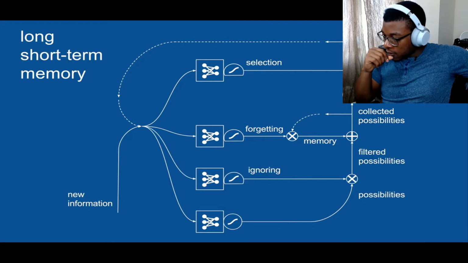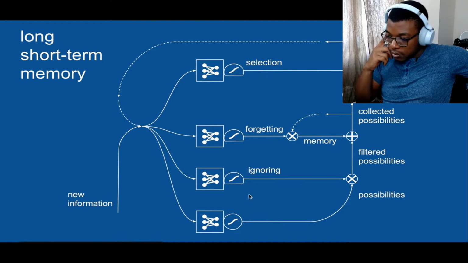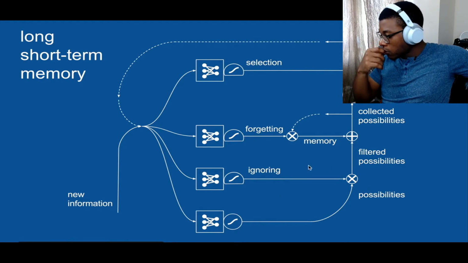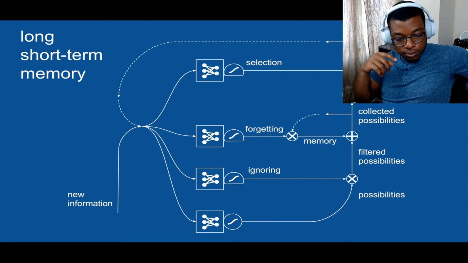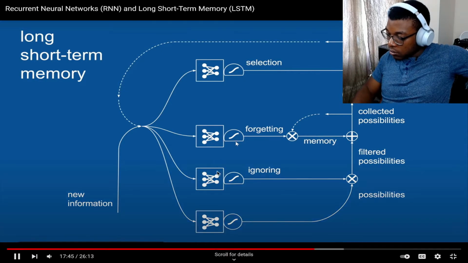And the only other piece we need to add to complete our picture here is yet another set of gates. This lets us actually ignore possibilities as they come in. This is an attention mechanism. It lets things that aren't immediately relevant be set aside so they don't cloud the predictions in memory going forward. It has its own neural network and its own logistic squashing function and its own gating activity right here.